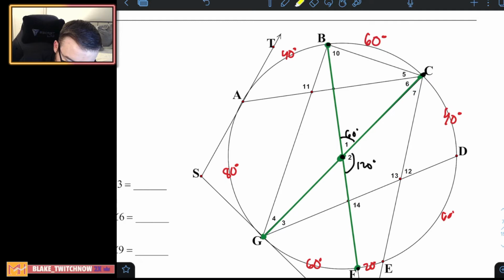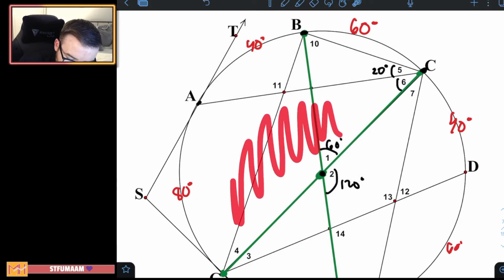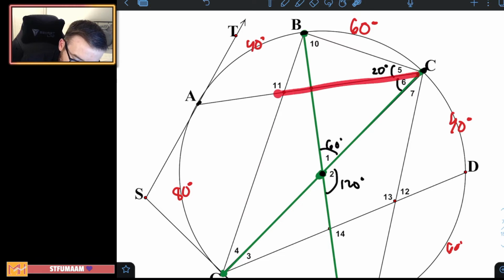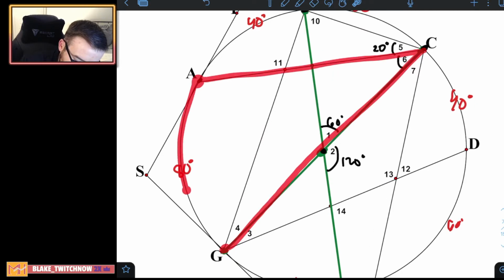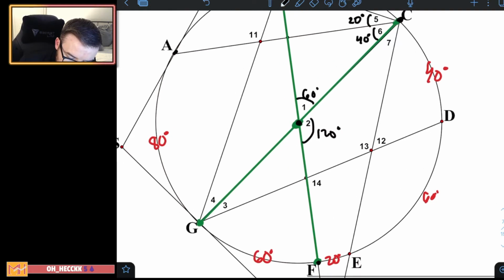Let's look at all the inscribed angles. We have angle 5 intercepting this BA arc, which is 40. Half of 40 is 20. We have this angle 6. And again, ignore all of this stuff in the middle. What matters is this chord is touching at A, this chord is touching at C or G, creating this arc GA, which is 80, and half of 80 is 40.